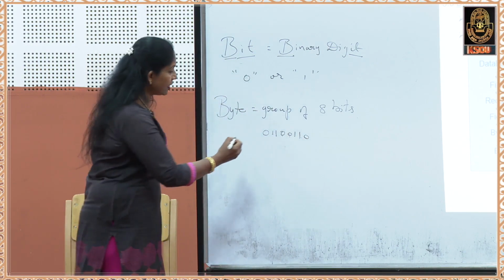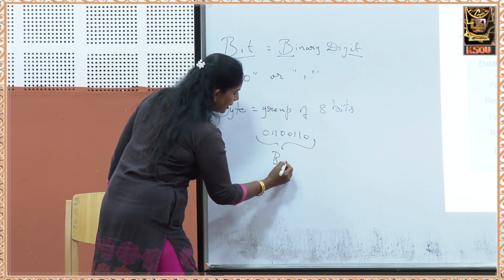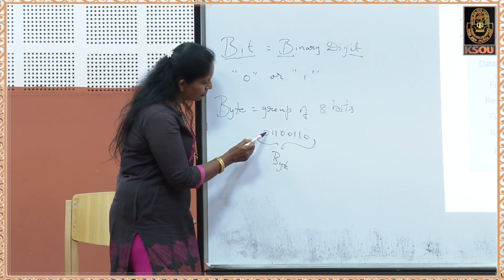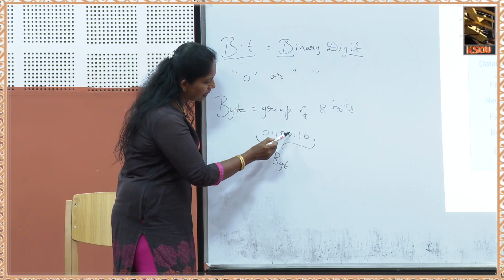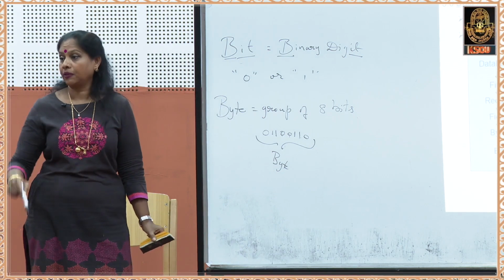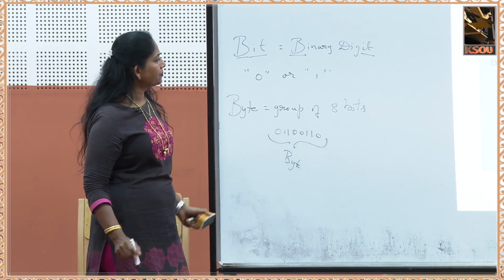Okay, this is called as a byte. 1 byte means it is having a group of 8 bits. You can count here 1, 2, 3, 4, 5, 6, 7, 8. This is called as 1 byte.